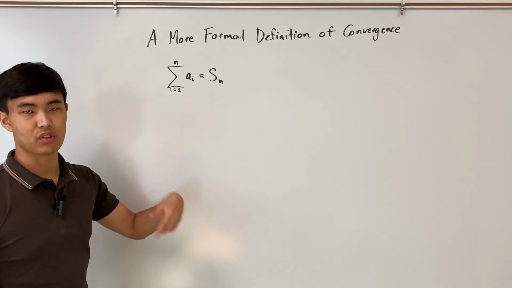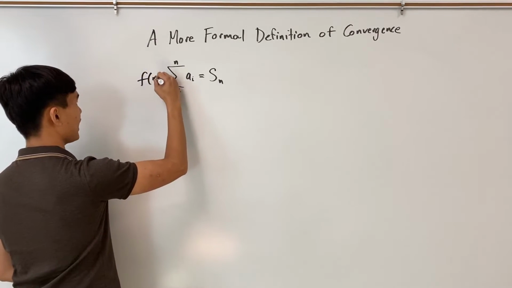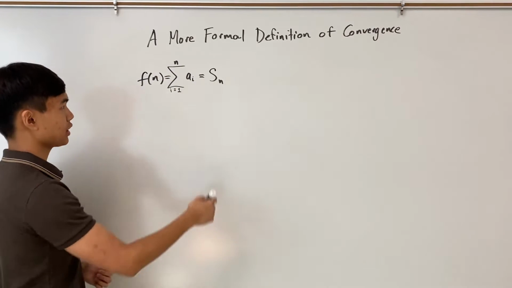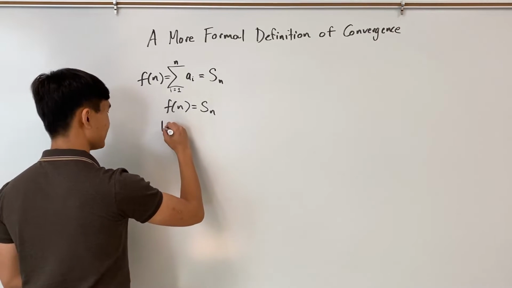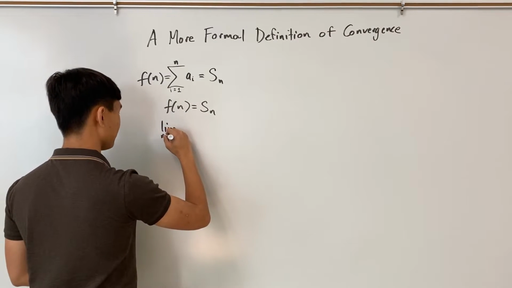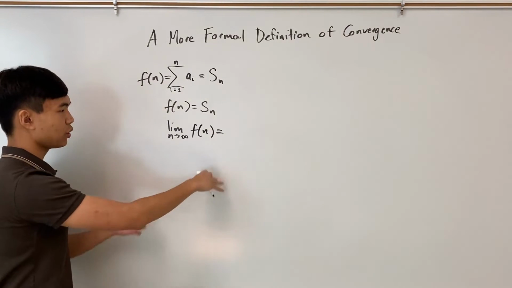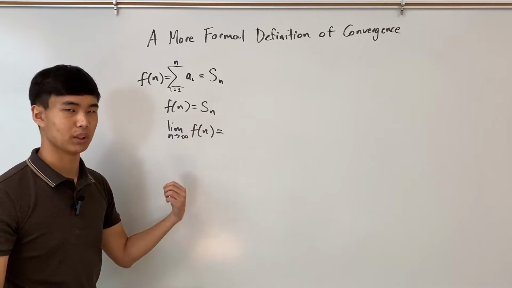Now, knowing this relationship, we can call this a function of n, and this function just returns the nth partial sum adhering to the sequence. Now what we're going to do is take the limit of f of n as n goes to infinity. We're seeing the behavior of the sum as we keep adding more and more terms.